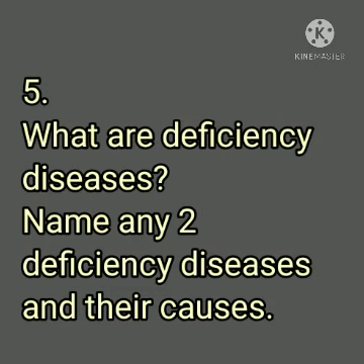5. What are deficiency diseases? Name any two deficiency diseases and their causes. Diseases that are caused due to lack of nutrients in the diet over a long period of time are called deficiency diseases. Deficiency of vitamin A causes night blindness.